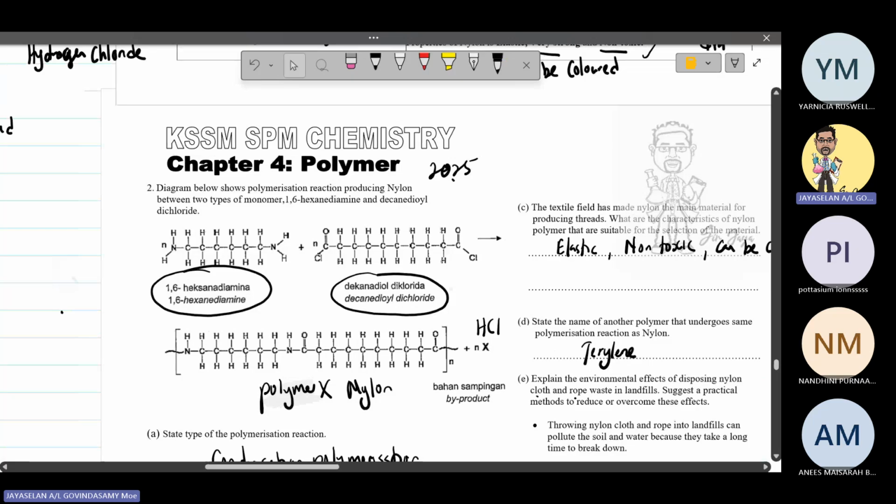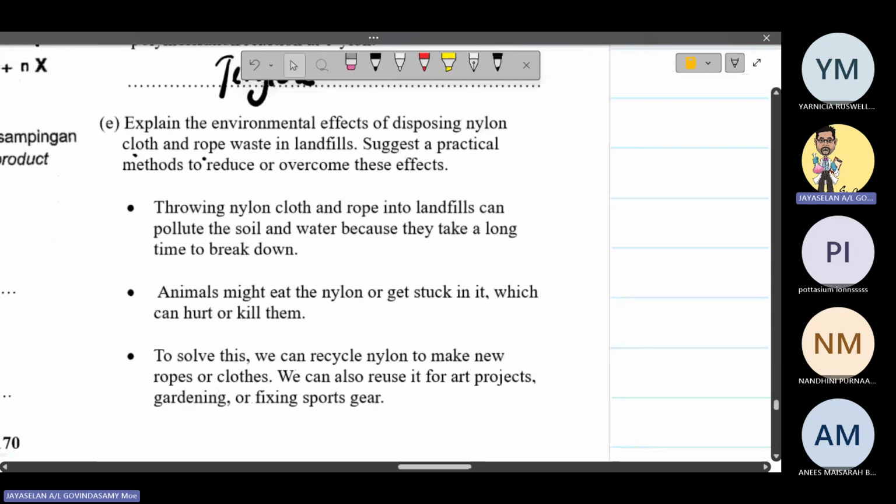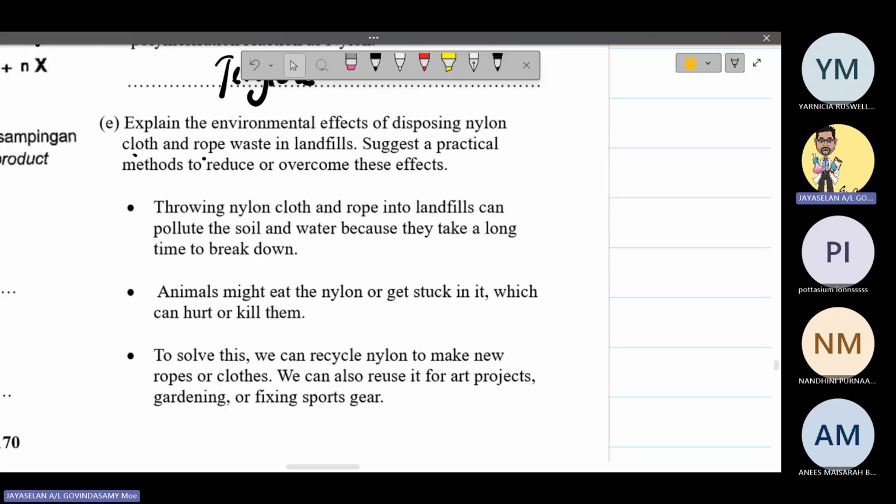Trial paper, right? They put questions until D only. So I added E. Explain the environmental effect of disposing nylon rope in landfill. So at the landfill, you put nylon rope, what will happen? It will go into the soil. Animals can get stuck in the nylon thread or nylon rope, endangering their life. And throwing nylon rope in the landfill can pollute the soil, so soil is not suitable for agriculture.